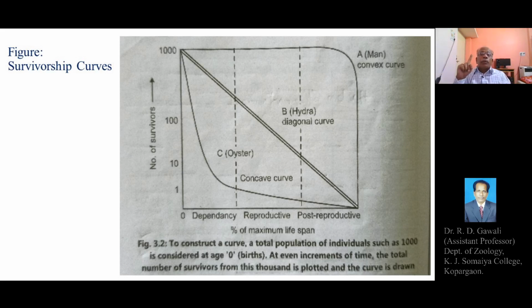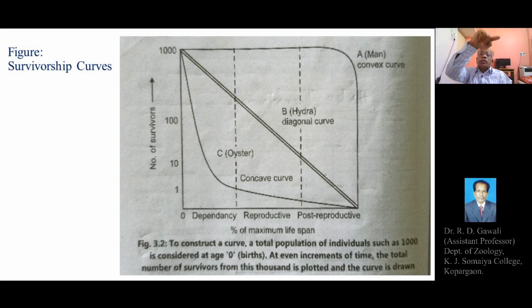So the first type of curve is the straight or diagonal curve, which means there is a continuous decline or decrease in the number of individuals from 1000 to zero in the last phase.